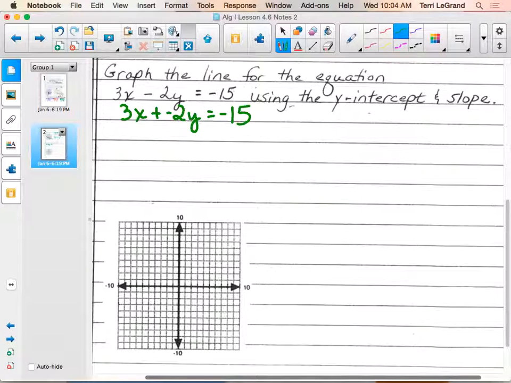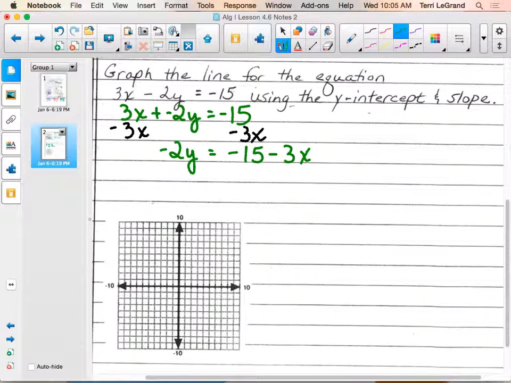Aaron? Subtract. Subtract 3x. Okay, so we'll subtract 3x from both sides. And now we have negative 2y left alone on the left side. Are those like terms, negative 15 and 3x that we're trying to subtract from it? Are they like terms? No. So what we're going to do instead is just write it as the subtraction problem, write it horizontally instead.